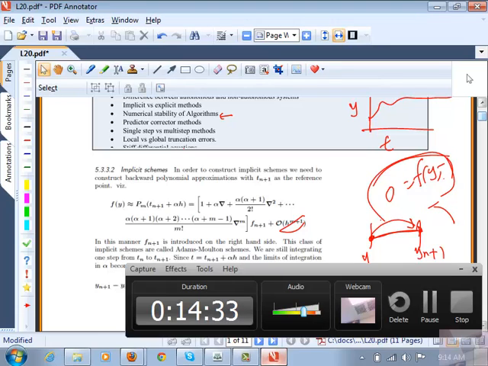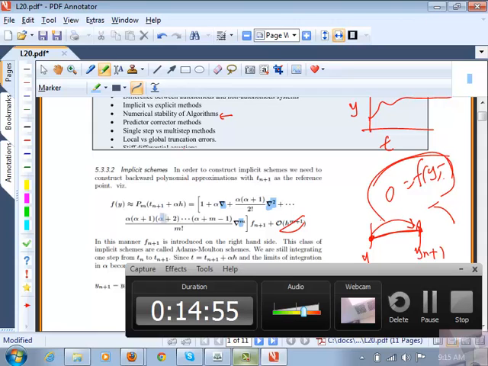And I think the point I talked about is how do we generate implicit multi-step methods. The idea is very simple. All you need to do is use the same approximation for the function in terms of a polynomial, but choose your reference point to be Tn plus 1, the future step that you want to predict.